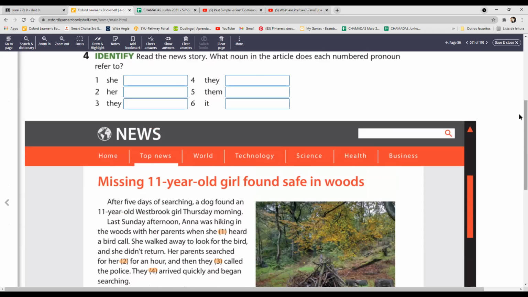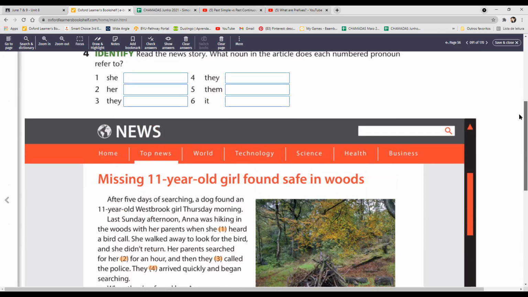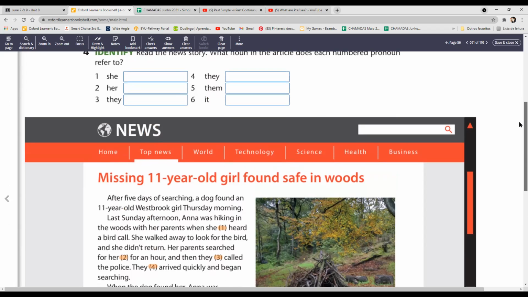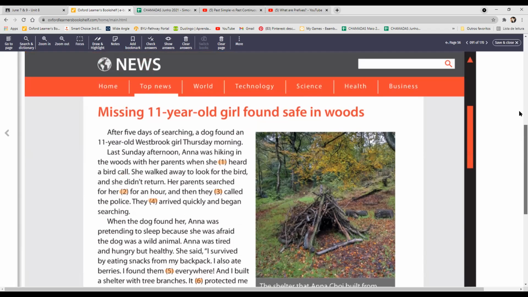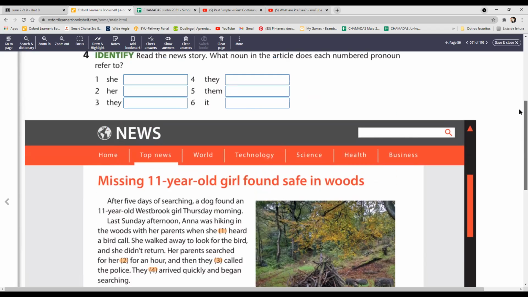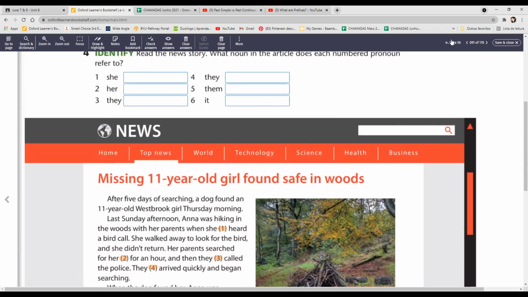Now it's 3:41, so you can do until, let's make it 4 minutes is good. Let's go until 3:45, okay? So what do you have to do? Read the text and find what the pronouns are referring to, okay? So let's do it. You can begin reading.